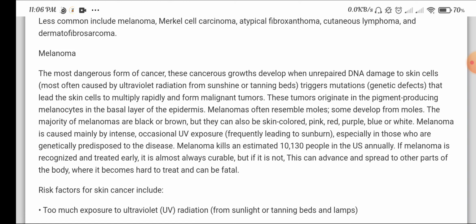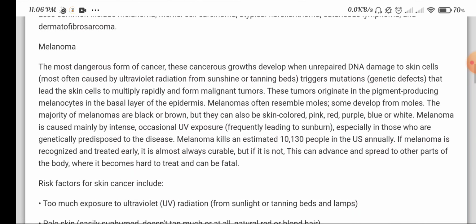These tumors originate in the pigment producing melanocytes in the basal layer of the epidermis.